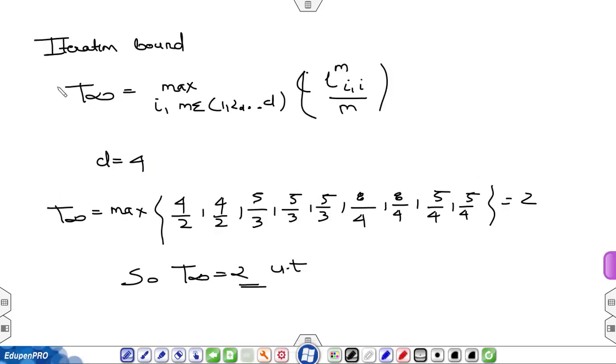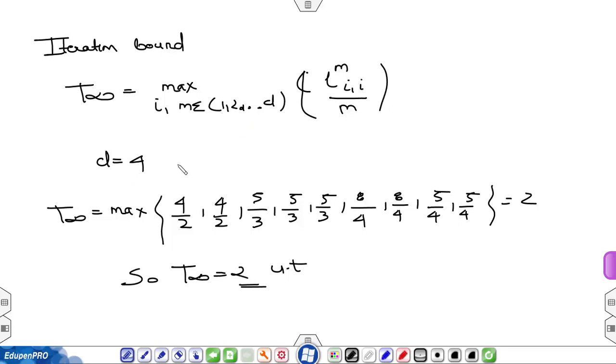After that, iteration bound can be calculated by using a formula. This is the symbol of iteration bound. Iteration bound is the maximum over i, m belonging to 1 to d of L of i comma i of matrix m divided by m. In this example, d is 4, so m is 1, 2, 3 and 4.